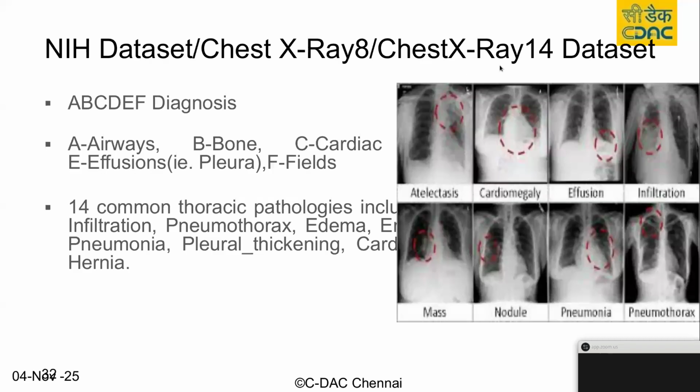This is commonly used for machine learning problems, but doctors were using the ABCDEF diagnosis method most of the time. First they check the airways, then the bones, which are white, and then the cardiac region, whether there is an enlargement or not. Then effusion. Then pleura. So the pleura is somewhere around this.